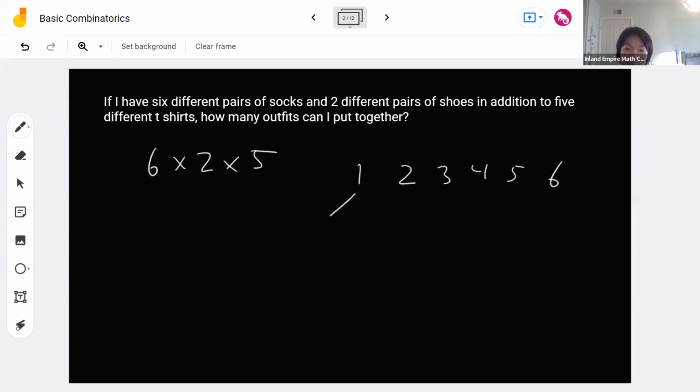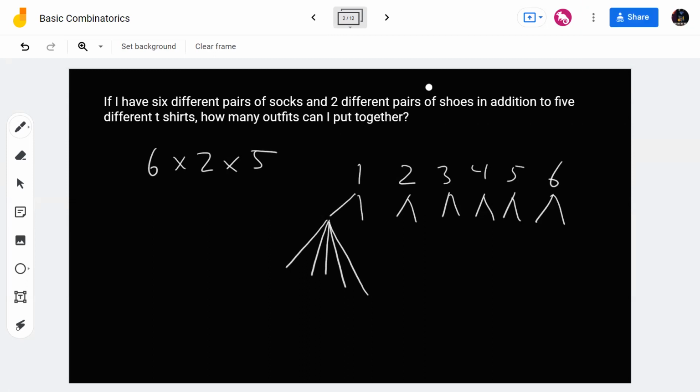So this would be 1, 2, 1, 2, 1, 2, and so on. Then for each of these combinations of socks and shoes, we choose from one of 5 different t-shirts, so branching off again, each one would have 5. That's where we get 6 socks times 2 pairs of shoes times 5.